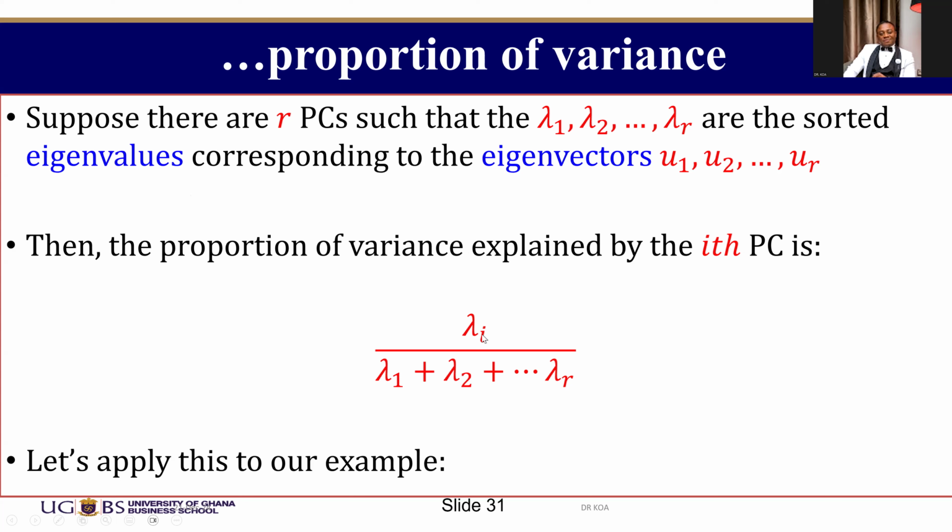That is the eigenvalue of the variable divided by all of the eigenvalues. So this percentage is the proportion of variation explained by the first principal component, where i is 1. If you are looking for the second principal component's contribution, the i changes to 2, and you have lambda 2 over all the lambdas.